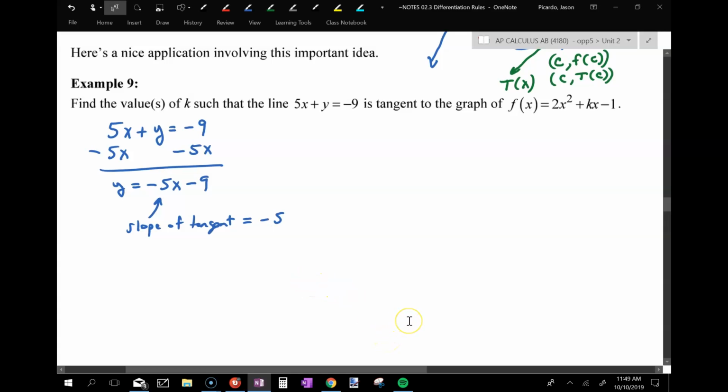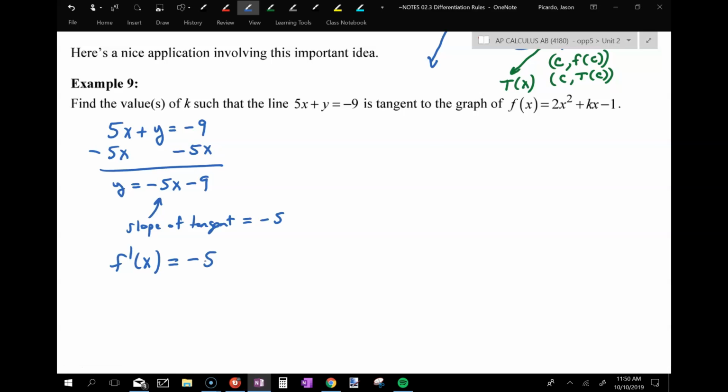Do we know what the value of x is? No. Okay? So what else do we know? We're looking for the point on this curve where the slope of the tangent is -5, right? So don't we want the derivative of this curve to equal -5? That's what we're trying to find.